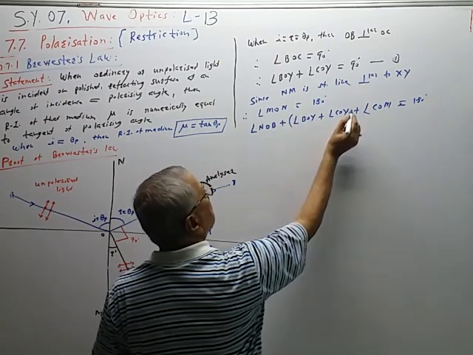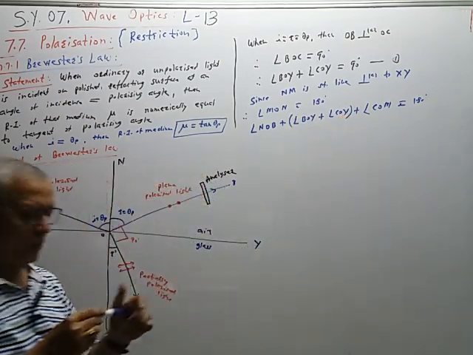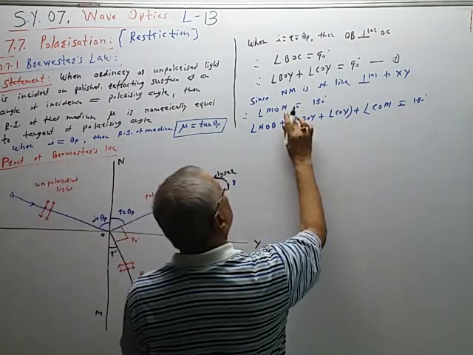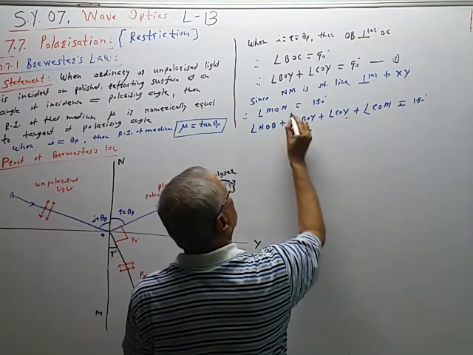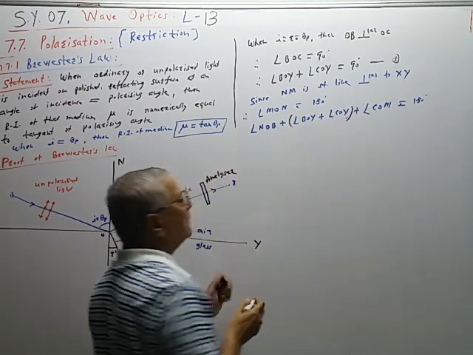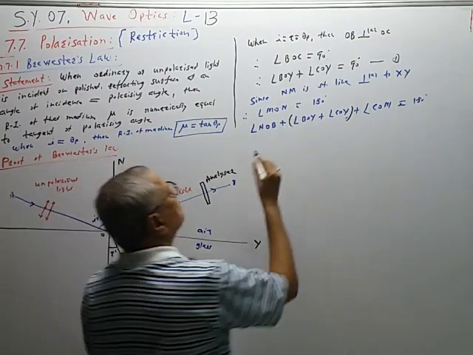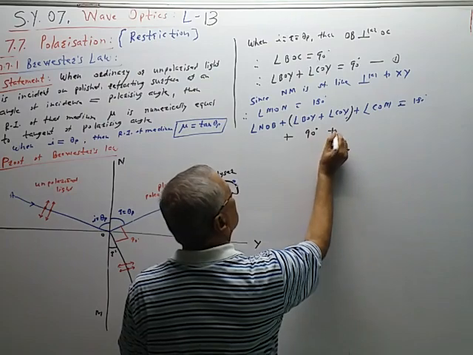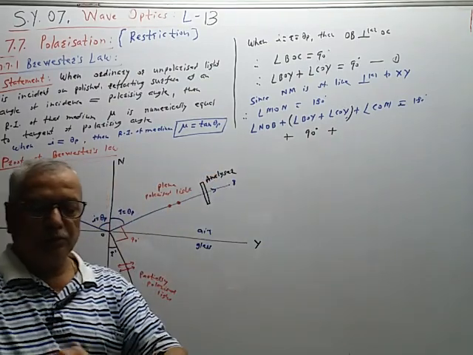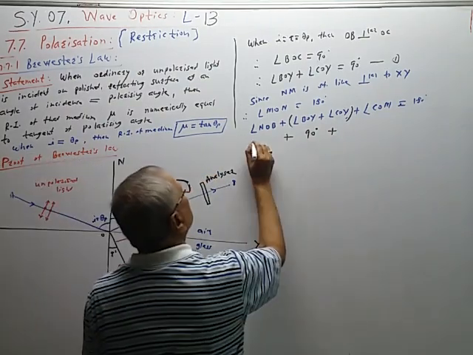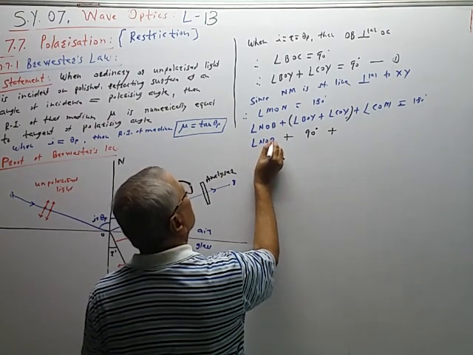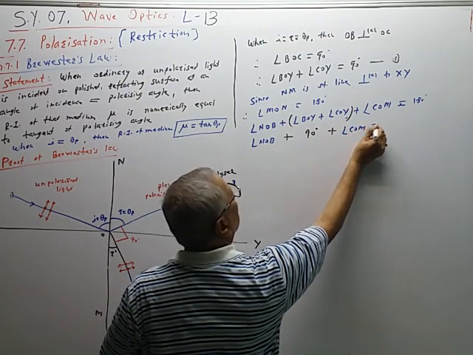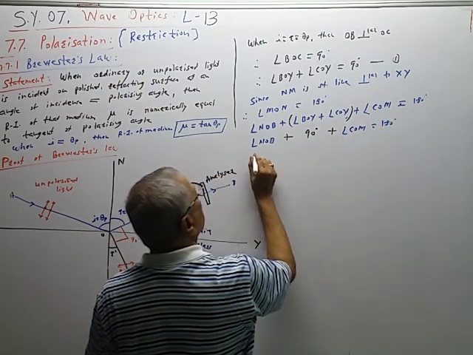Now what is this angle? This angle is nothing but 90 degree. This is 90 degree. Therefore angle NOB plus 90 degree plus angle COM is equal to 180 degree.